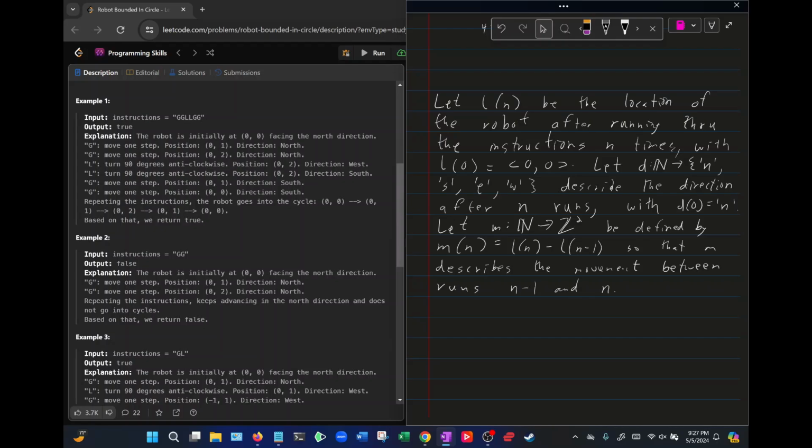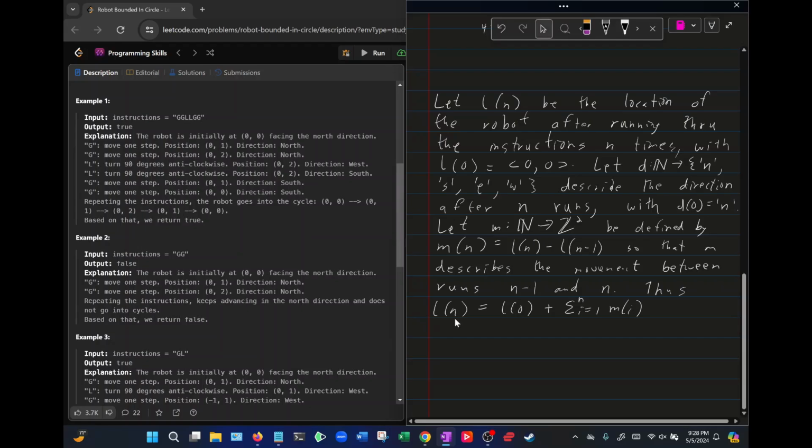And thus, by definition, L of n is going to be L of 0 plus the sum from i equals 1 to n of m of i. Because in order to get to the location after running through the instructions n times, you start at the origin. So this is the origin, so it doesn't add anything, so it's actually not even needed.